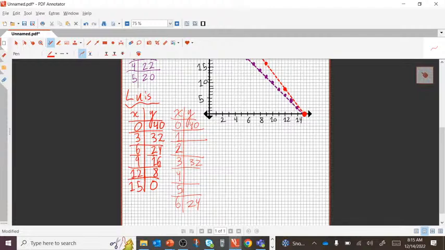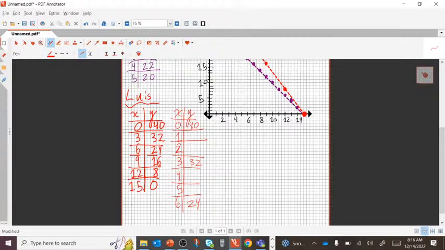I see you guys pulling out your calculators. That's good. Okay. Can I get you back up here in 5, 4, 3, 2, 1? Josh, I saw you pull out your calculator.